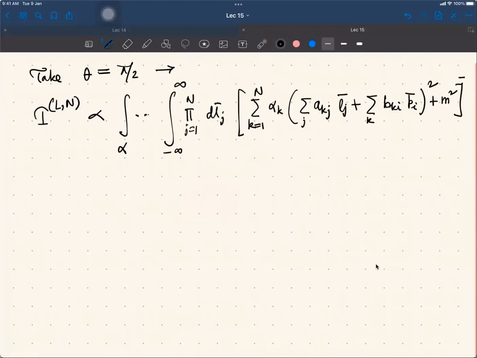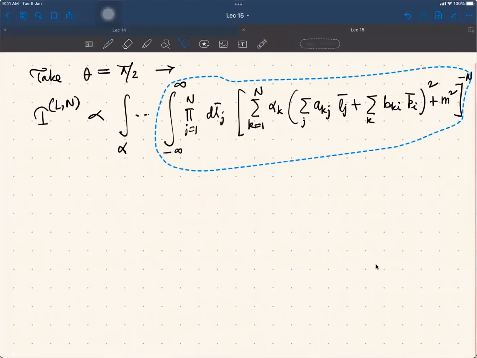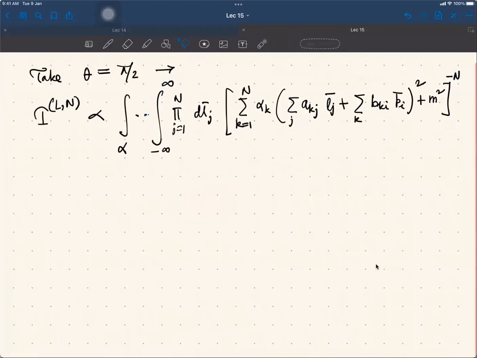You do not need the minus i epsilon prescription because the purpose of the i epsilon prescription is done. We have done the analytic continuation, and the Euclidean integration doesn't need that. So these are Euclidean momenta now.